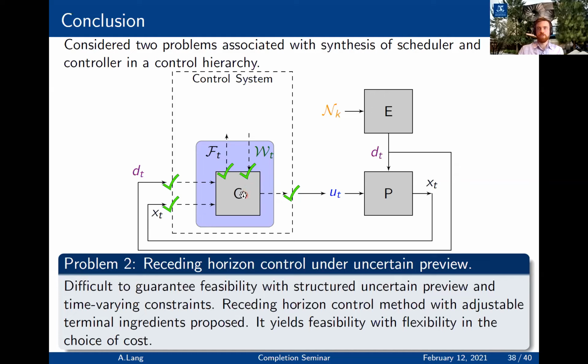And we proposed a receding horizon control method that used adjustable internal ingredients to achieve feasibility while also allowing some flexibility in how the cost can be chosen, which may be used for managing secondary objectives.